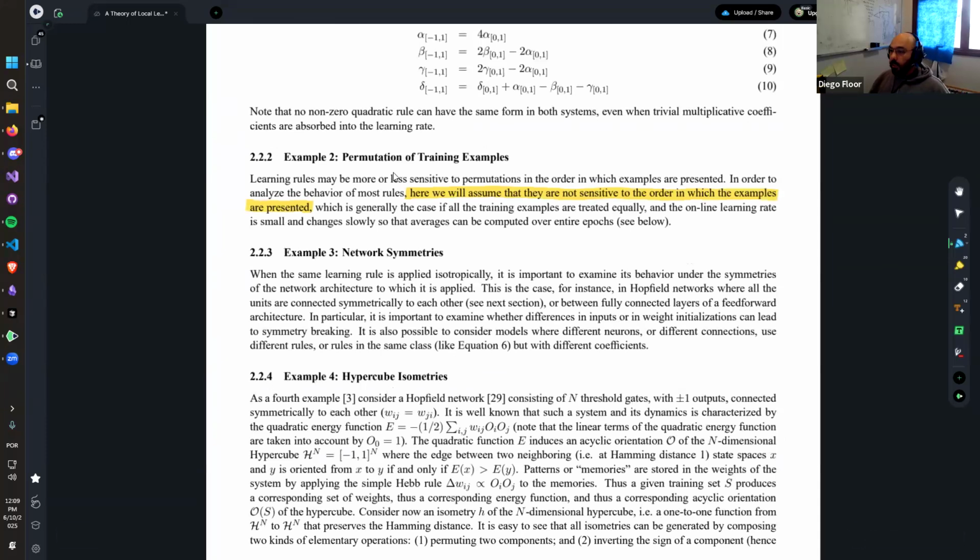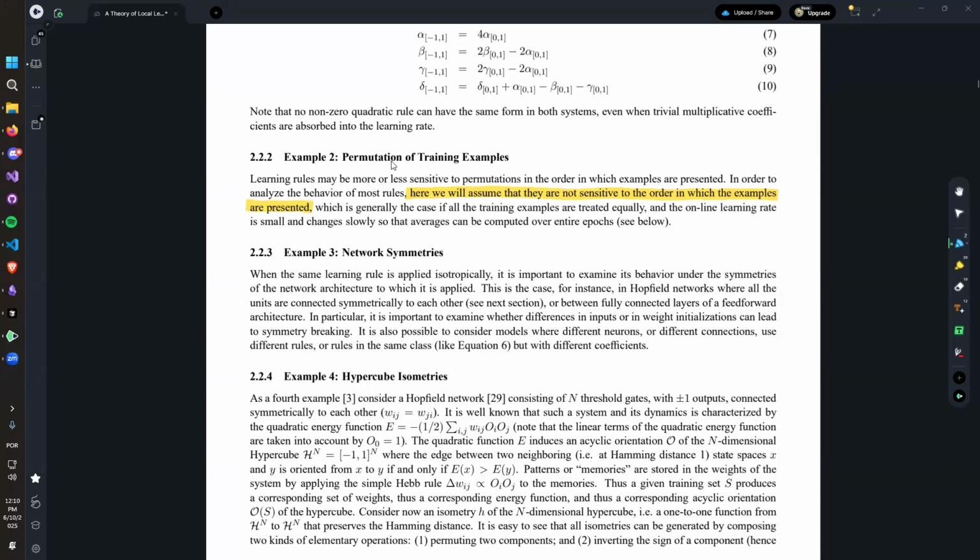Can I ask a question? Yeah, shoot. So local, I understand in the space of neurons, but do you also mean local in terms of time? Meaning, if I update my weights, can I use the knowledge of the previous states of the neuron?